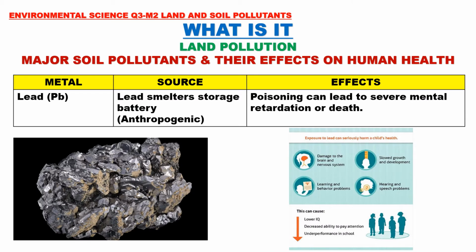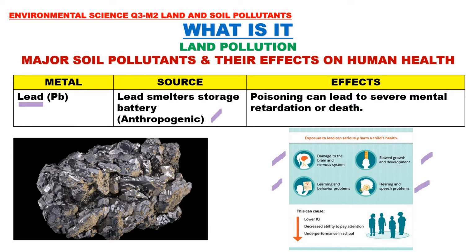Next is lead, symbol Pb. So source: lead smelters, storage batteries. It is anthropogenic. So poisoning of lead can lead to severe mental retardation or death. Exposure to lead can seriously harm a child's health. It can damage the brain and nervous system, cause learning and behavior problems, slowed growth and development, hearing and speech problems.